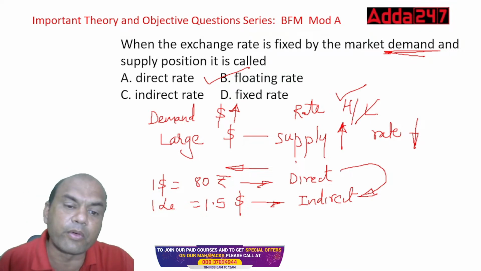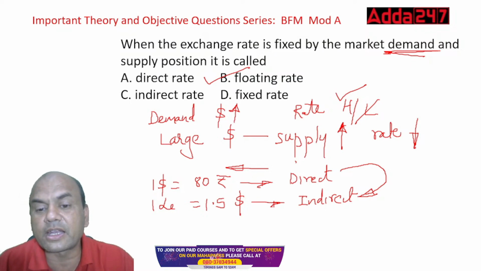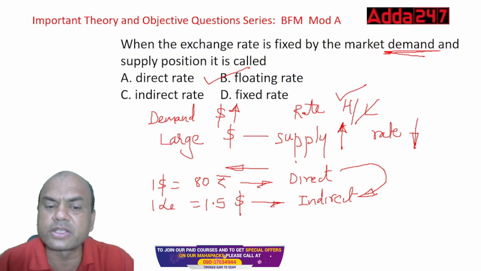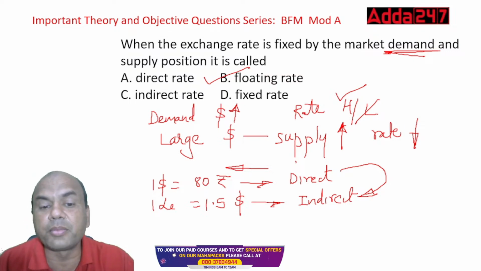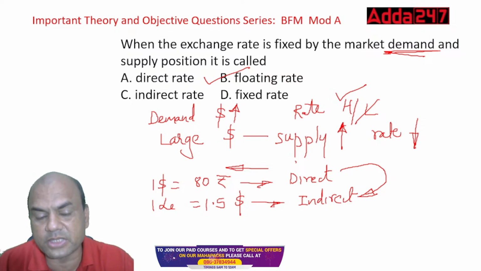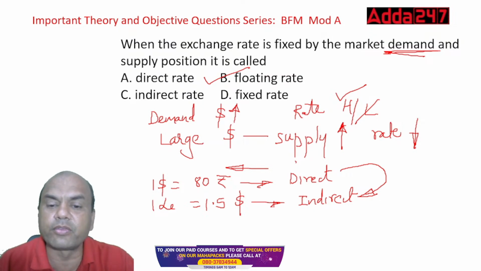Because if the pound is not growing, if the country is not growing, will this indirect rate remain? No. The US will say, forget this, make the pound also a direct rate. And in coming years, if we grow with such a speed, there will be a time when our direct rate will be converted to an indirect rate.